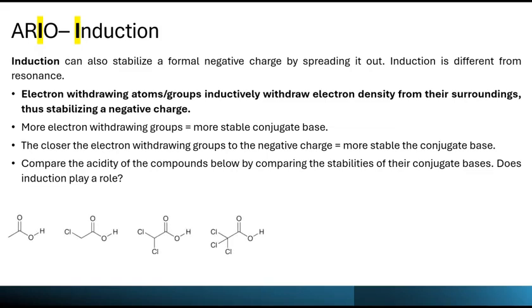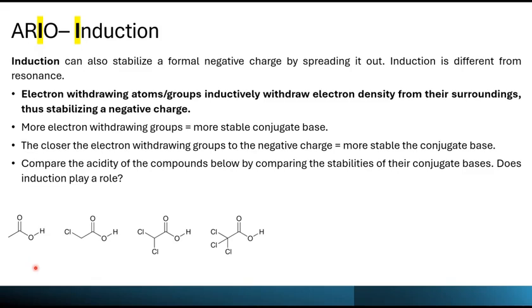Well, in all of these four scenarios, we have the carboxylic acid, so resonance is definitely going to be in play once H plus leaves each one of these. So we're going to have resonance here, here, here, and here.